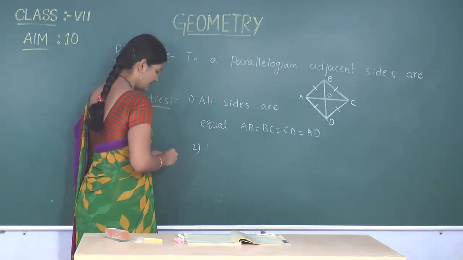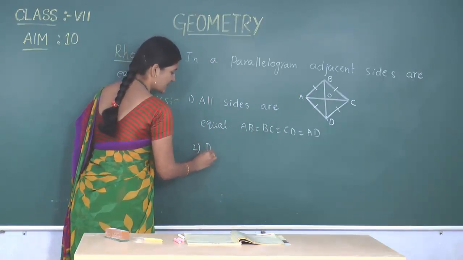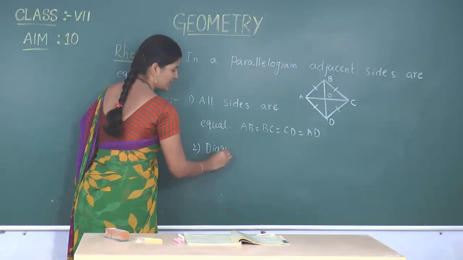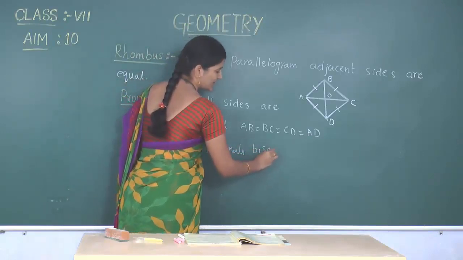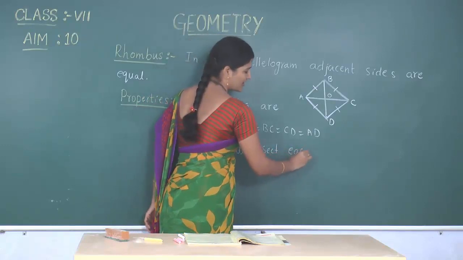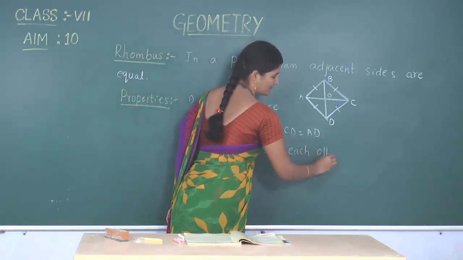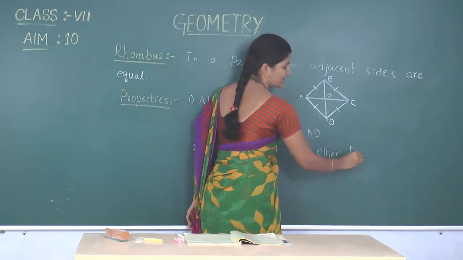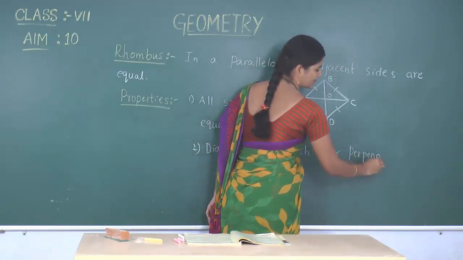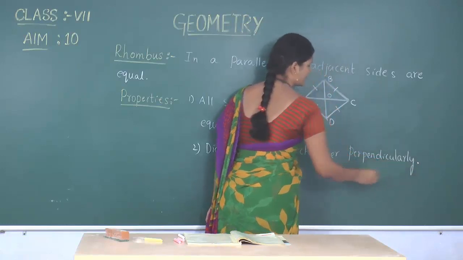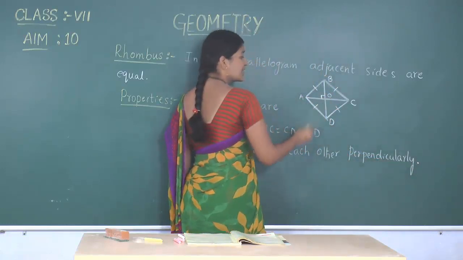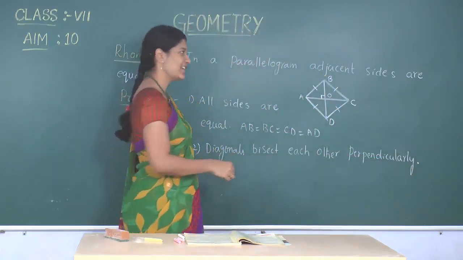Diagonals in a rhombus bisect each other perpendicularly. See here, perpendicular means making angle 90 degrees.